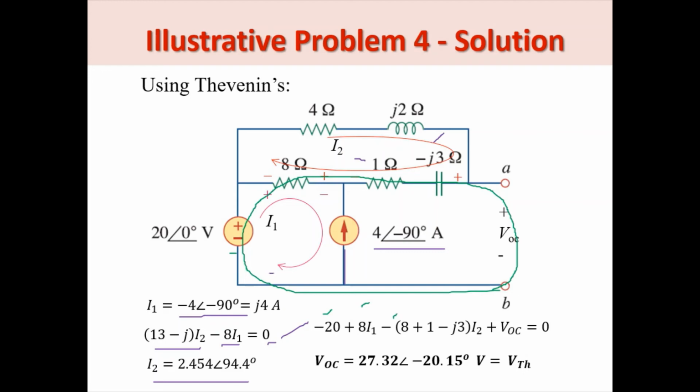So that is across 8, 1 ohms and minus J3. So this is the drop here. Then plus VOC equals 0. Then solving for VOC, we get this result, which is our VTH.